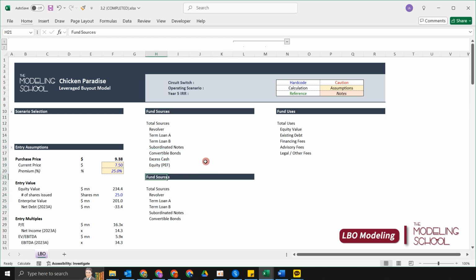And these would be the financing fees, because we don't need financing fees for excess cash or equity contribution. And while we're dealing with fees here, let's also assume the advisory fees and the legal and other fees here as well.